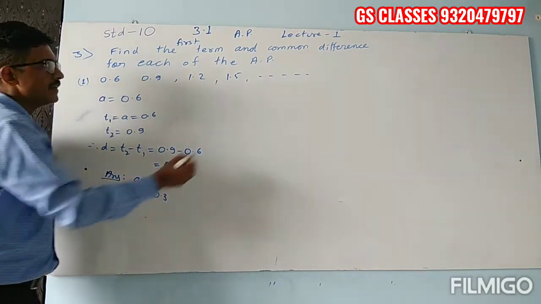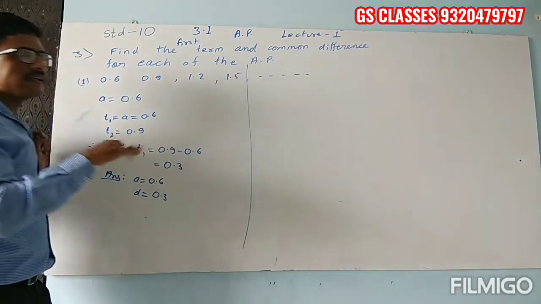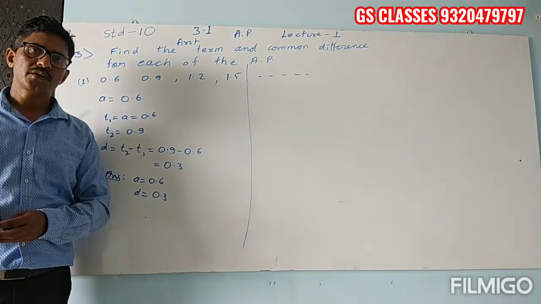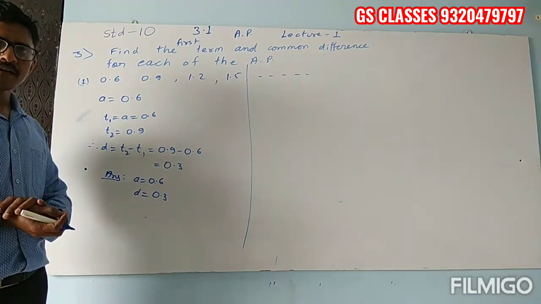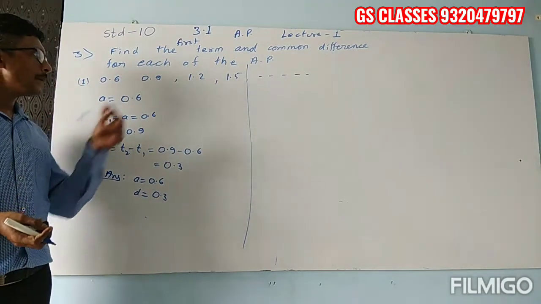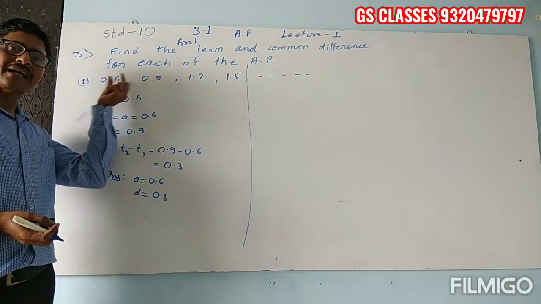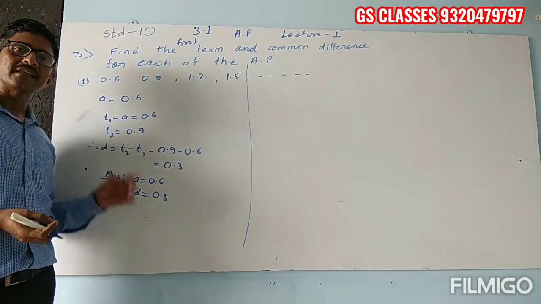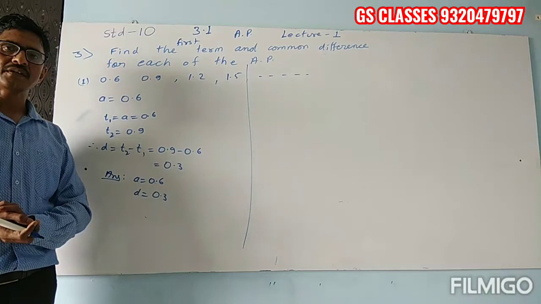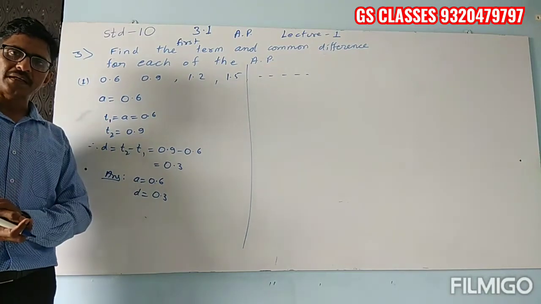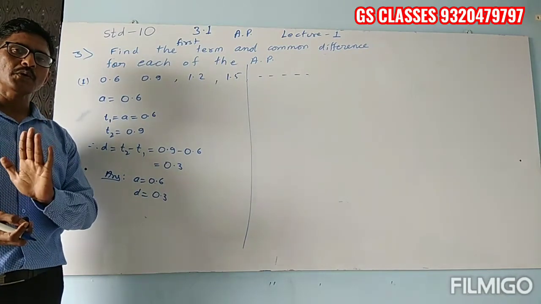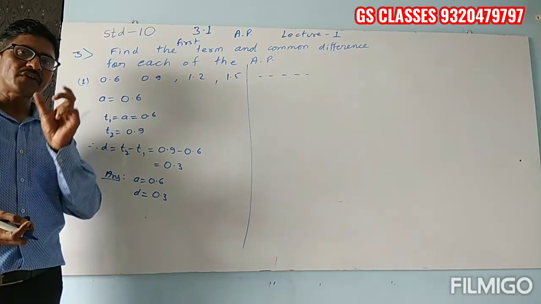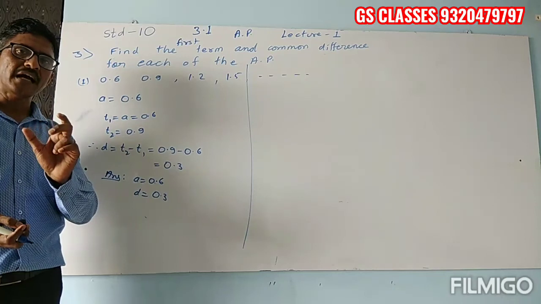That's it. Now you can move for the next question. So just by looking you can say this is the first term, and thereafter you take any term, subtract the previous term, you will get the common difference. You don't have to prove that it is AP because already they have written it is AP. So what you have to do is find the common difference and write the first term.